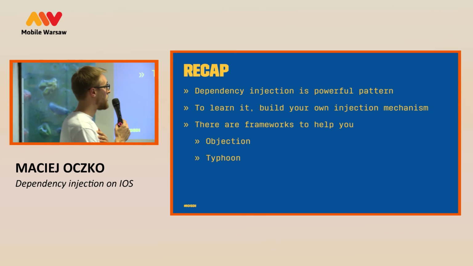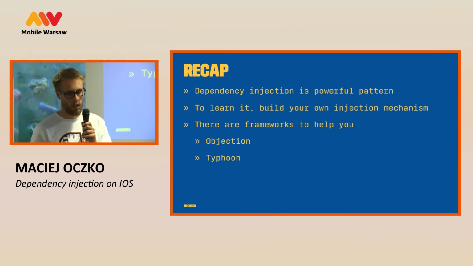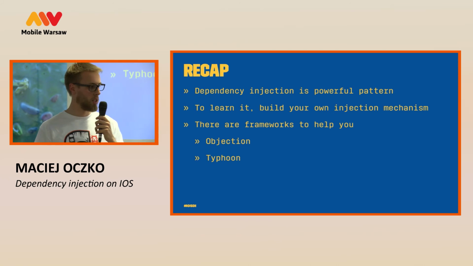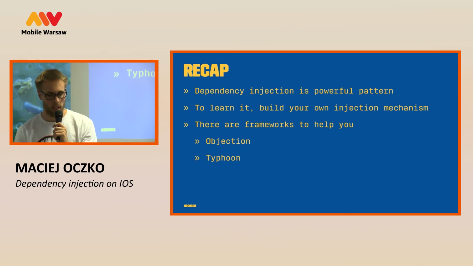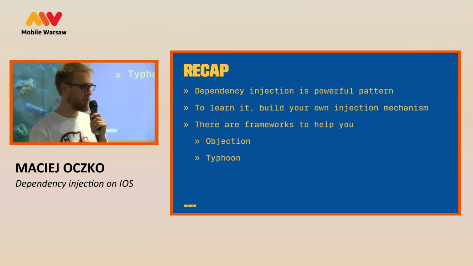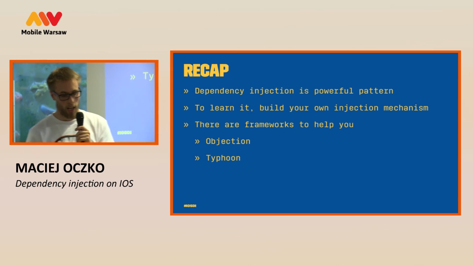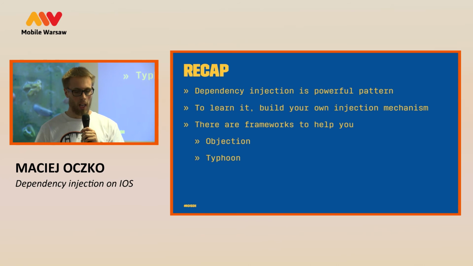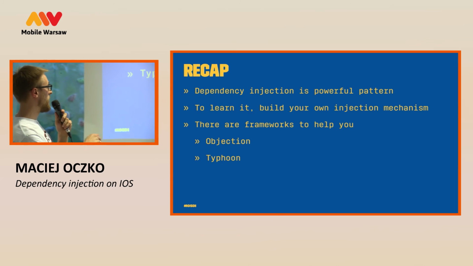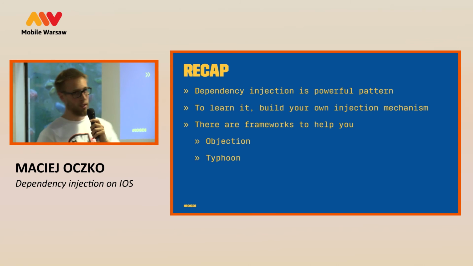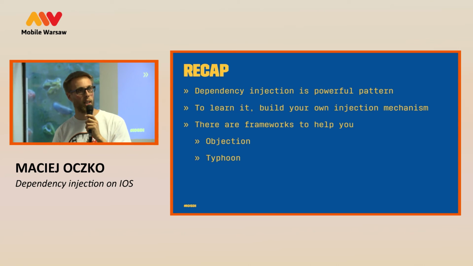So, to recap, dependency injection in general is a very powerful pattern. You can use it at any time in any language, but in Objective-C and on iOS especially, consider it. It's quite easy, so probably the learning curve is not really steep here, but let's start with building your own lightweight frameworks.